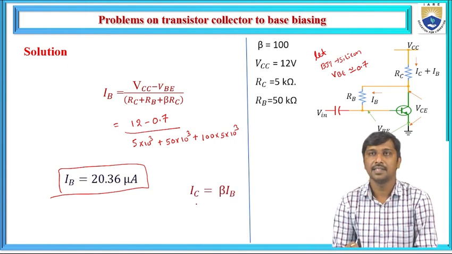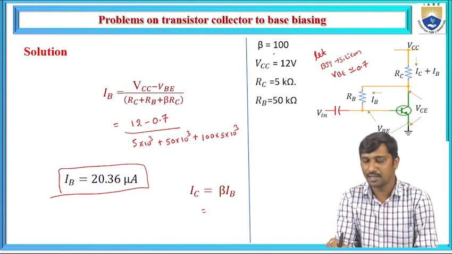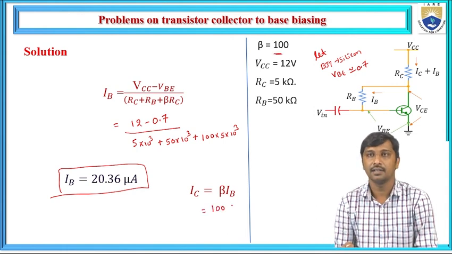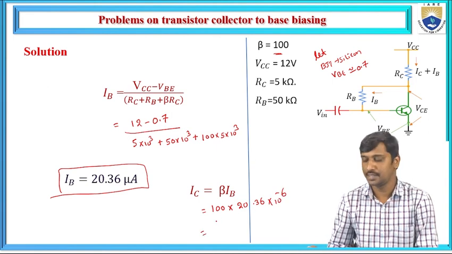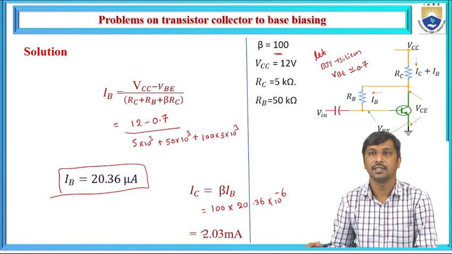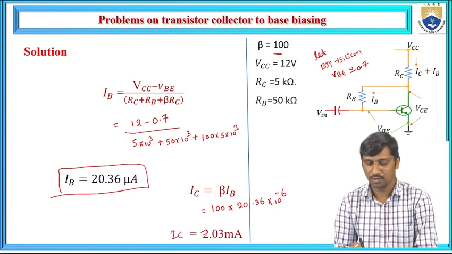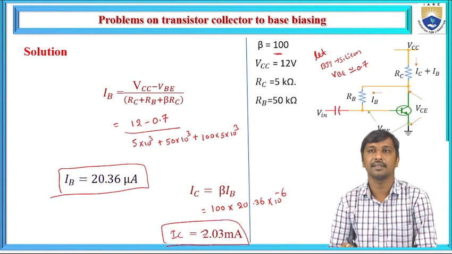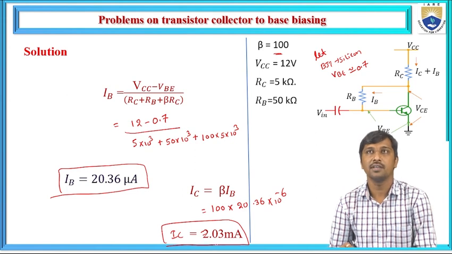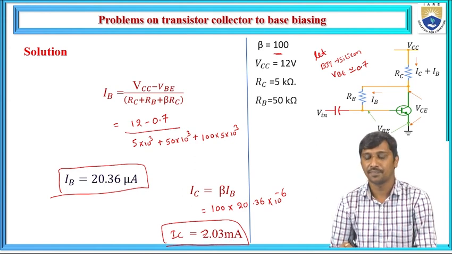We know that IC is equal to beta times IB. Here beta is 100, hence 100 is multiplied with the base current, 20.36 into 10 to the power of minus 6. If you solve this, the collector current IC is 2.03 milliamps.